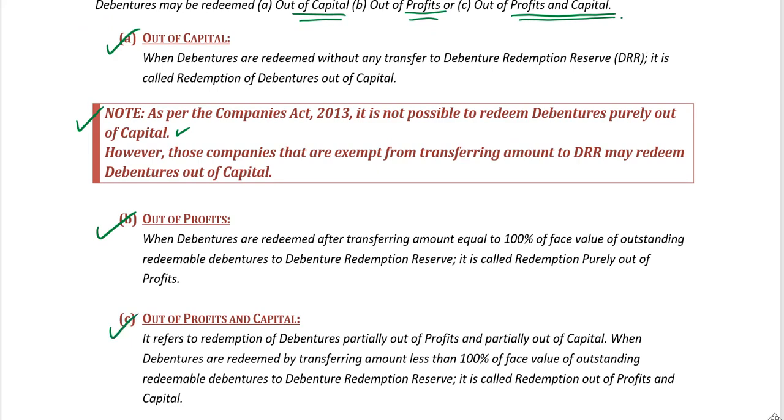Out of profits and capital means that debentures are redeemed partially out of profits and partially out of capital. When debentures are redeemed by transferring amount less than 100% of the face value of outstanding redeemable debentures to DRR, it is called redemption out of profits and capital.